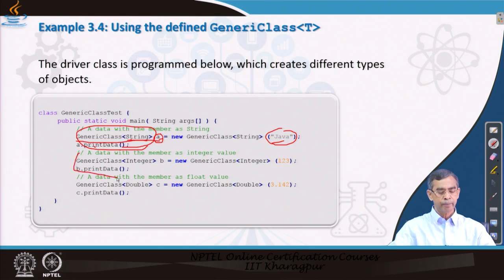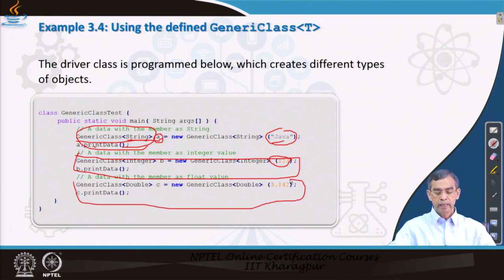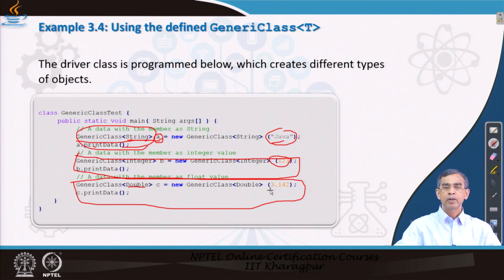Now, in the next one, the example does the same thing, but for numeric values. In the third one, again we create an object of the generic class, but for floating point values. So what we can see is that we declare one class as a generic, and whenever we create objects of that class, any operation in it can be called for that type.